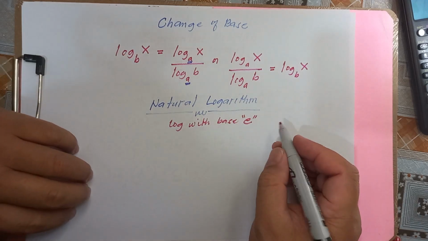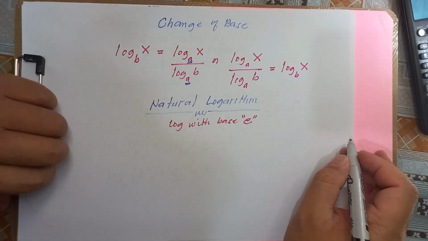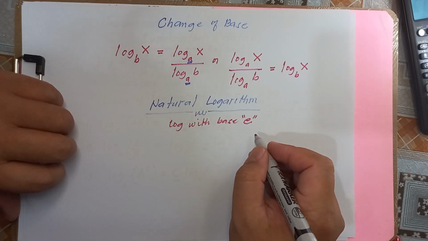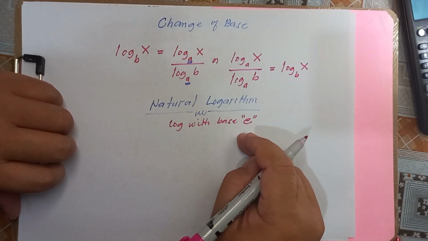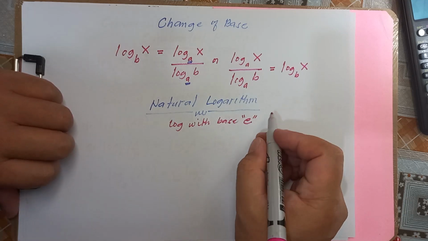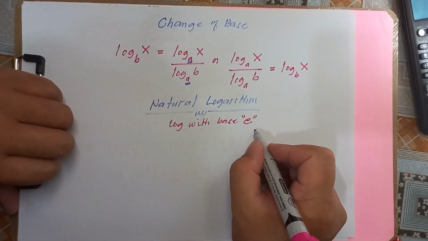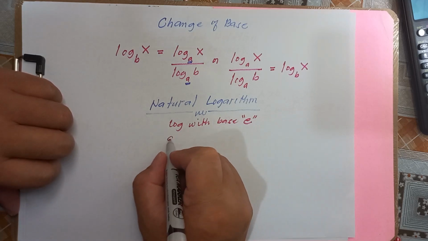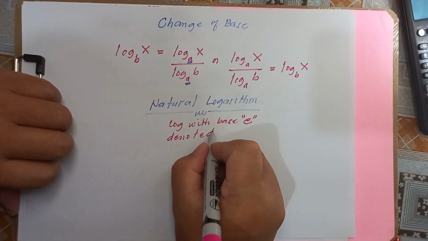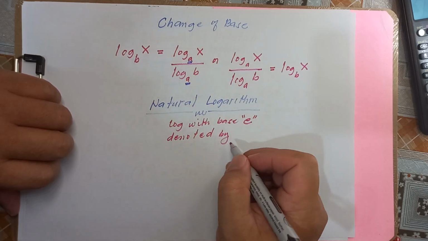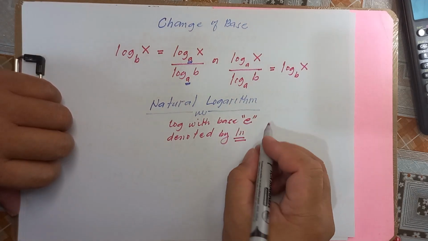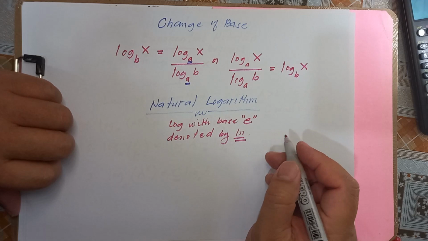With base e, or the natural logarithm, it is denoted by ln. So that is the natural logarithm.